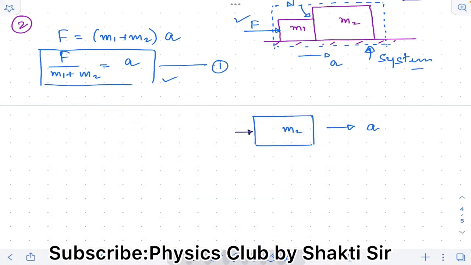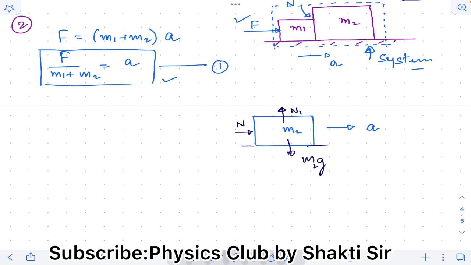So here is the normal reaction applied by m1 on m2. We say it's the free body diagram, but in the free body diagram we need to add more forces like m2g, which is the gravitational force, and the normal reaction applied by the ground on m2. So actually three forces are acting on m2.